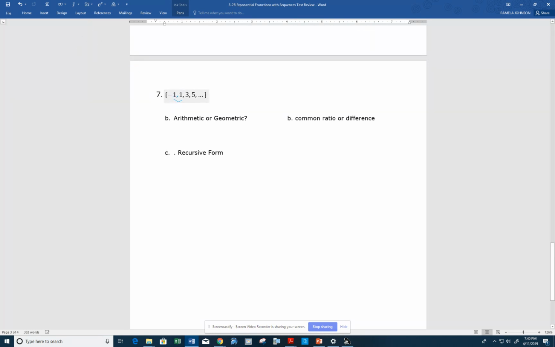So if we look from -1 to 1, we added 2. And then from 1 to 3, we added 2. And from 3 to 5, we added 2. This makes it an arithmetic problem because we're adding the same thing each time. And our common difference is positive 2.